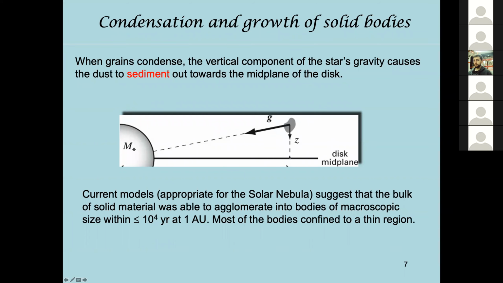This process is called sedimentation: with time you have the formation of a thin layer where the dust to gas mass ratio is much larger than the interstellar medium dust to gas ratio.